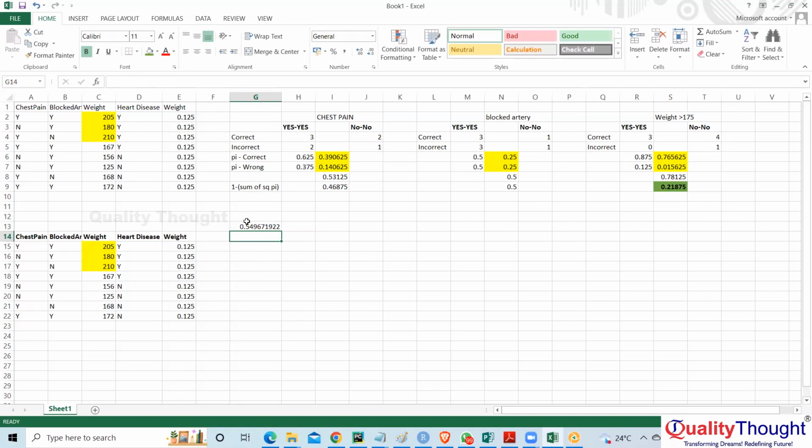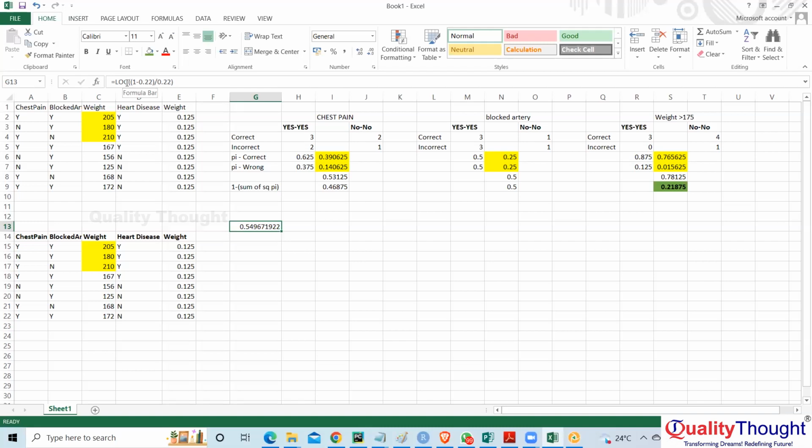So it is the log of 1 minus 0.22, divided by 0.22.